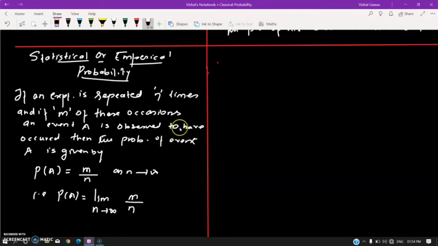So why is this? Okay, so let's write down some note. Why would we use statistical probability?